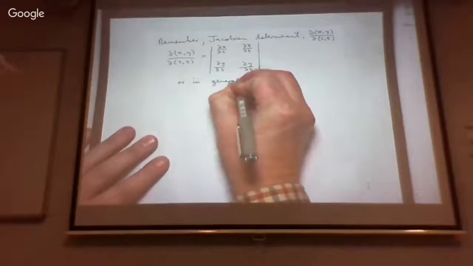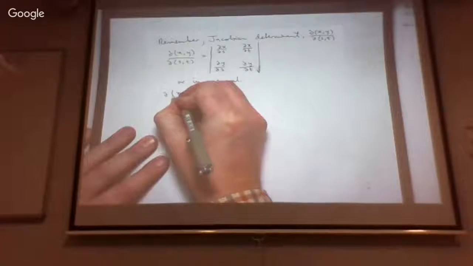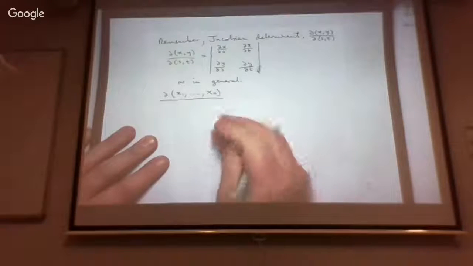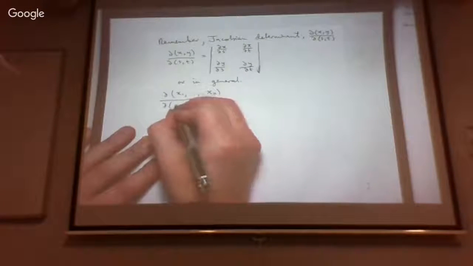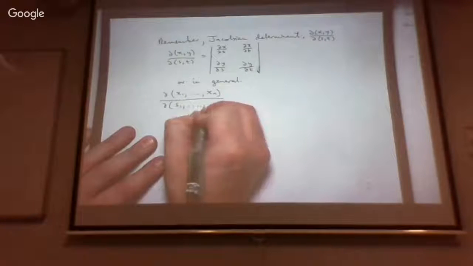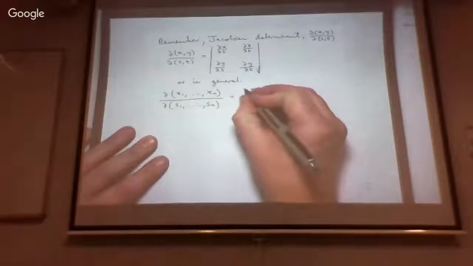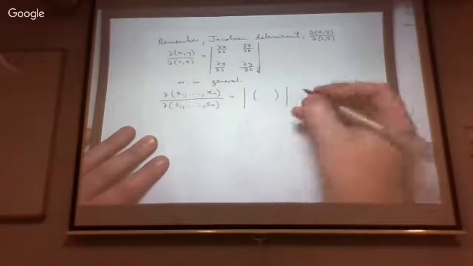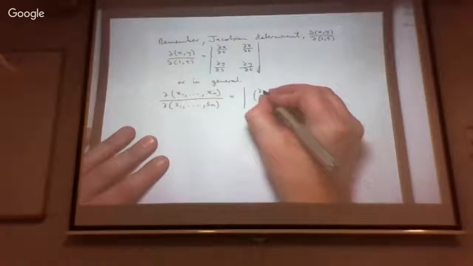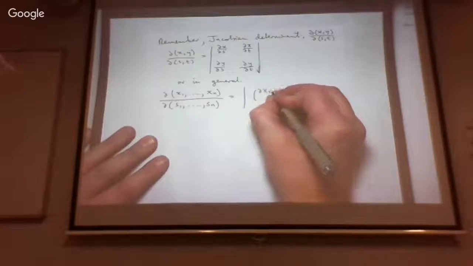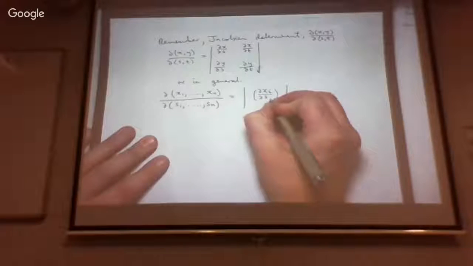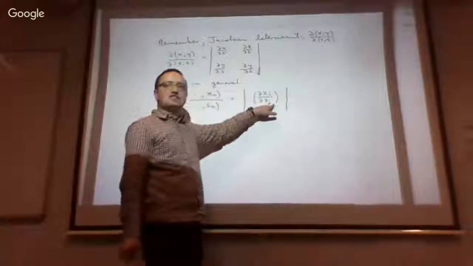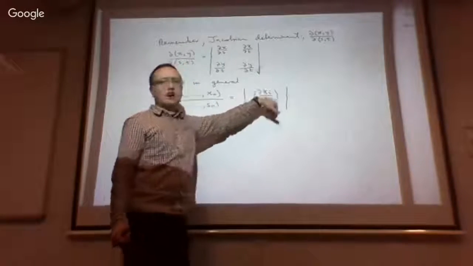Or in general, if you're talking about going from a system of n coordinates, x1 up through xn, to a new system of coordinates, s1 through sn, the Jacobian determinant was the determinant of the matrix whose ijth entry was dxi dsj. So this round brackets dxi dsj in general stands for the matrix of partial derivatives.